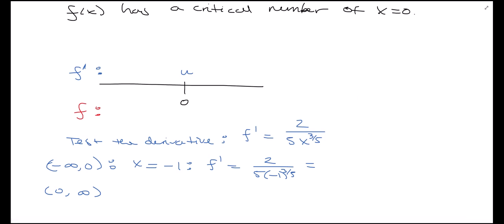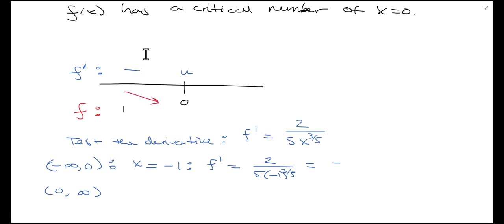Negative 1 to an odd power remains negative, so negative 1 cubed will be negative 1, and then the fifth, that means the fifth root, right? So 3/5 is really the fifth root of negative 1 cubed, and an odd root is also negative, so this is going to be a negative value. So the derivative is negative, which means that the function is decreasing, right?